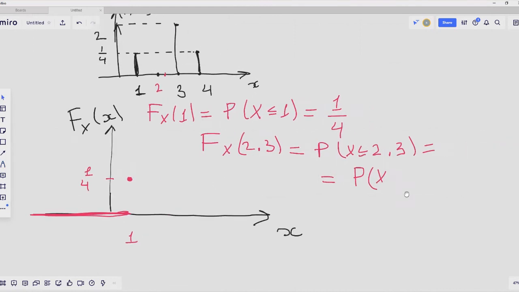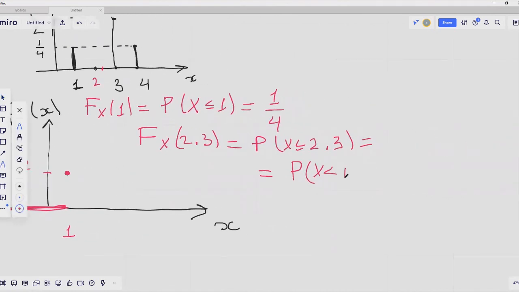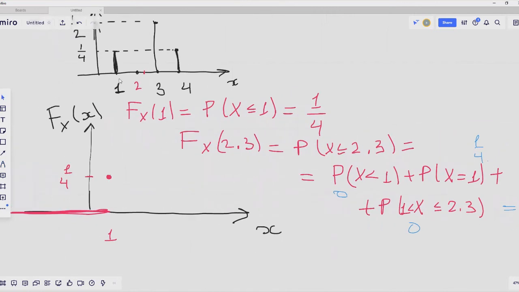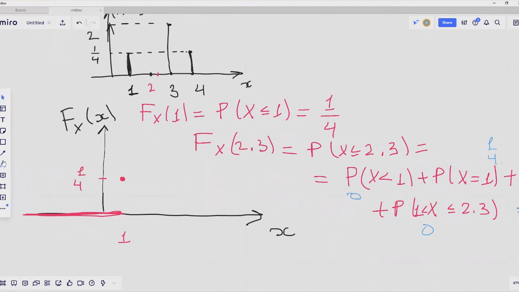Let's define it as follows: probability that X is less than 1, plus probability X equals 1, plus probability that X is strictly greater than 1 and less than or equal to 2.3. All right, now this is 0, that is 0, and this value is equal to 1 over 4. So this is equal to 1 over 4. So for any value in the interval from 1 to 3, our function is going to remain constant.